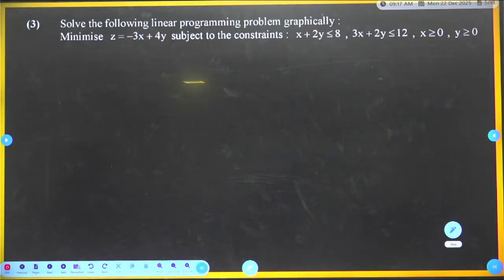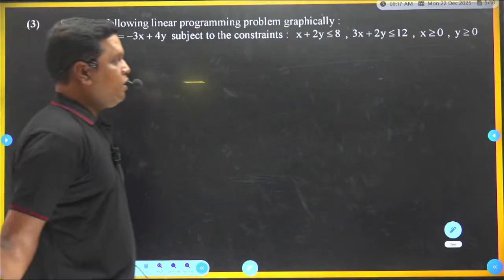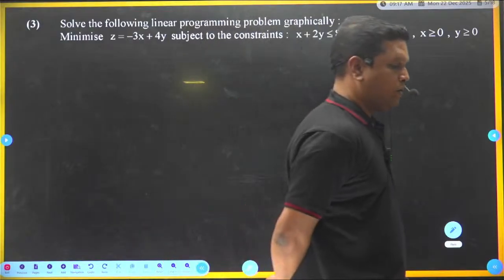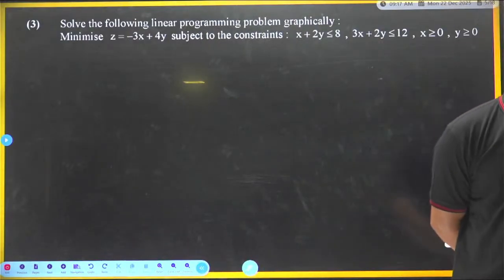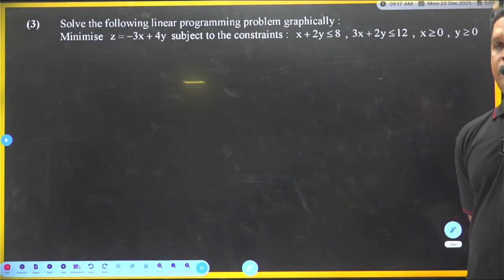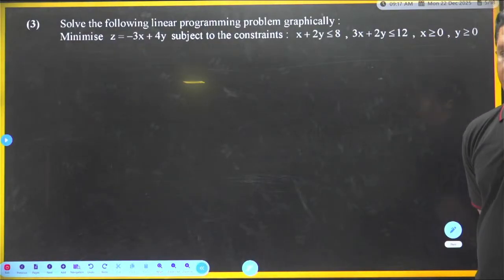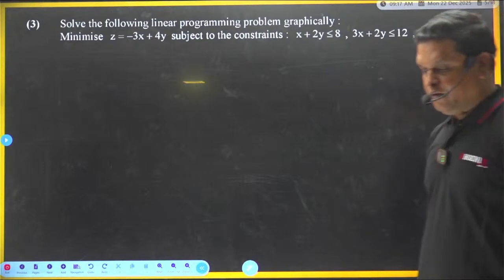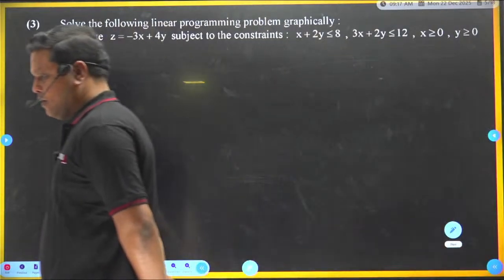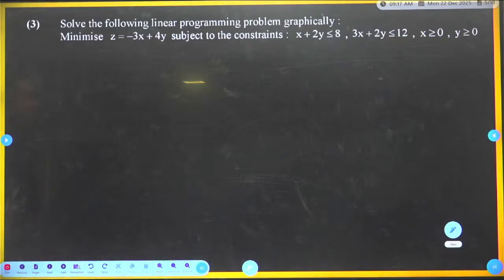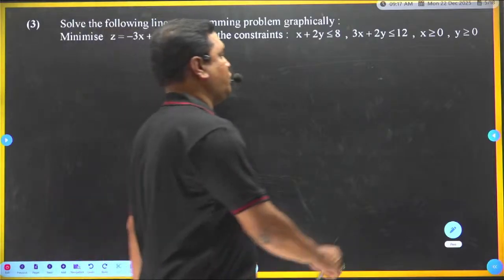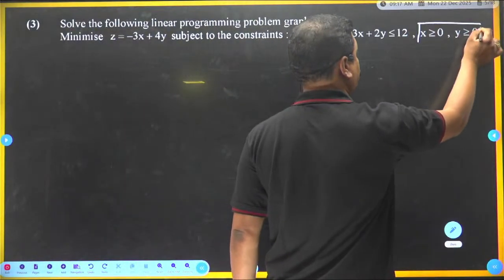Constraints are x plus 2y less than or equal to 8, 3x plus 2y less than or equal to 12. And both lie in which quadrant? First quadrant. So x greater than or equal to 0, y is also greater than or equal to 0.